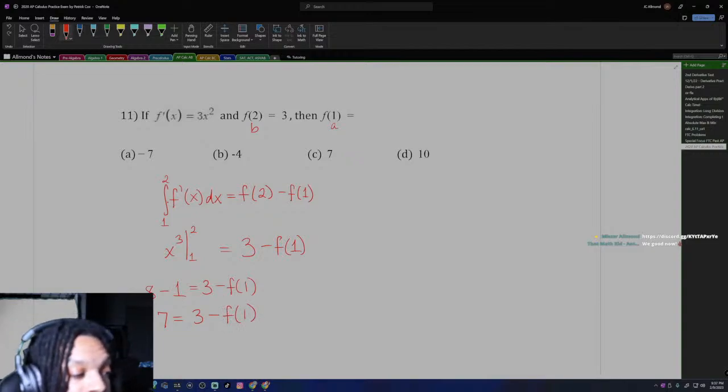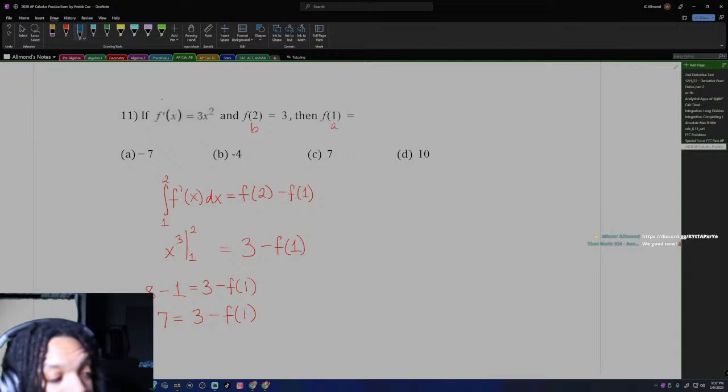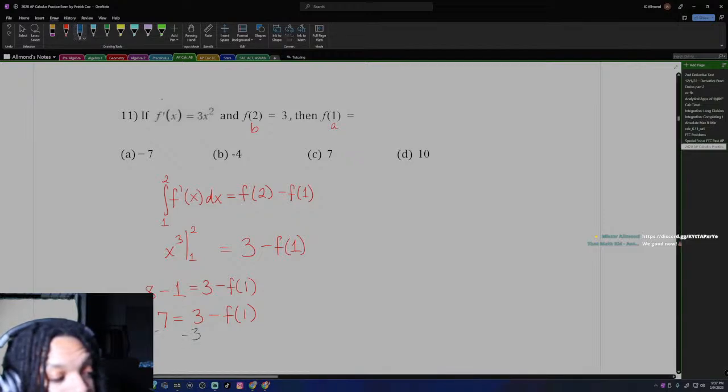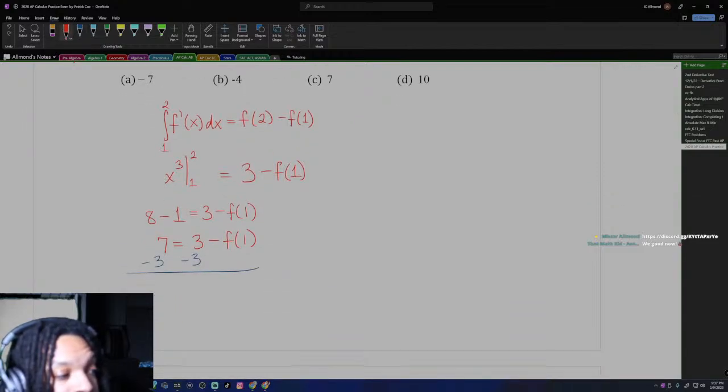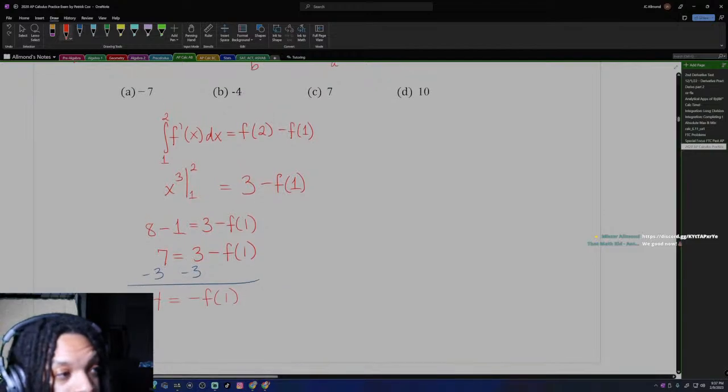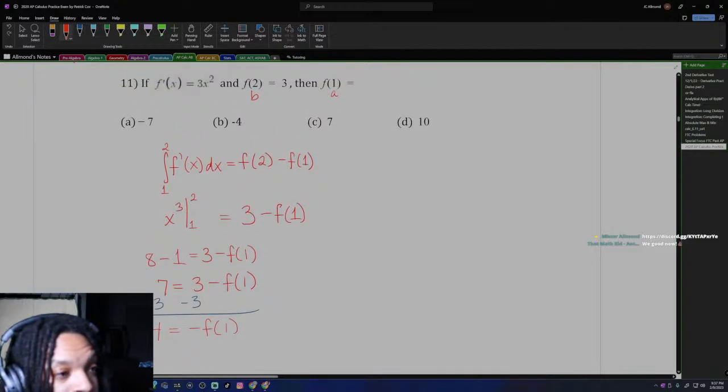Now, I'm thinking -4 just from thinking backwards, but if I want to do it algebraically, that's fine. I'm just going to try to get f of 1 by itself by subtracting 3 from both sides. That'll give me 4 equals negative f of 1. So hopefully by now you can see that positive f of 1 would just be -4. If you can't see it, just divide or multiply both sides by -1. So I'm going to go with B.